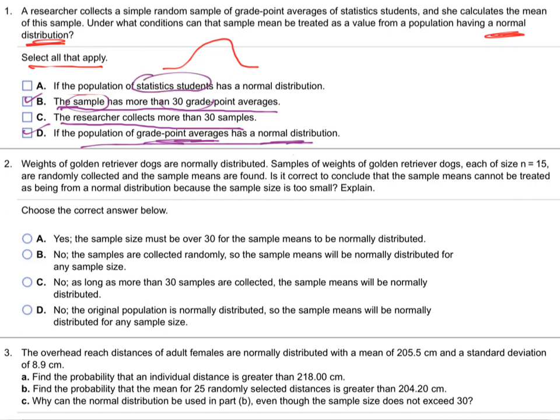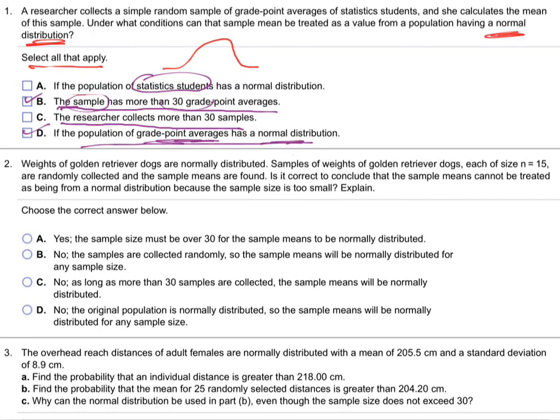I don't know what it even means for a student to be normal. Their heights? Their ages? Their height, weight, hair length? See, they fooled me. It's not A. Does everybody see what we're talking about? You can't just say the students. You have to say something about them, like their GPA or their age, whatever. So it's B and D. All right, that was a tricky one.